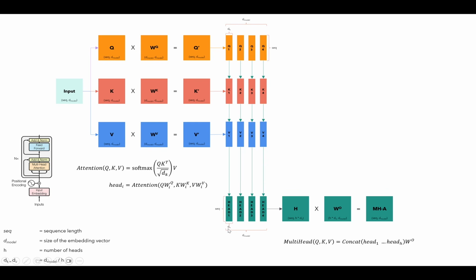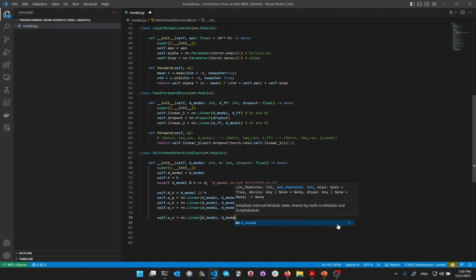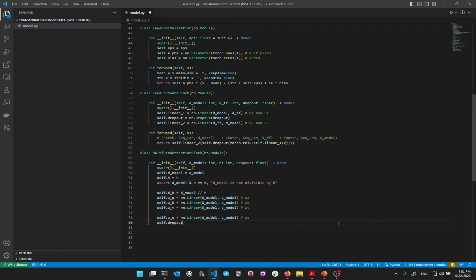But on a practical level, it's equal to dk. So our WO is also a matrix that is D model by D model, because H by dV is equal to D model. And this is WO. Finally, we create the dropout.